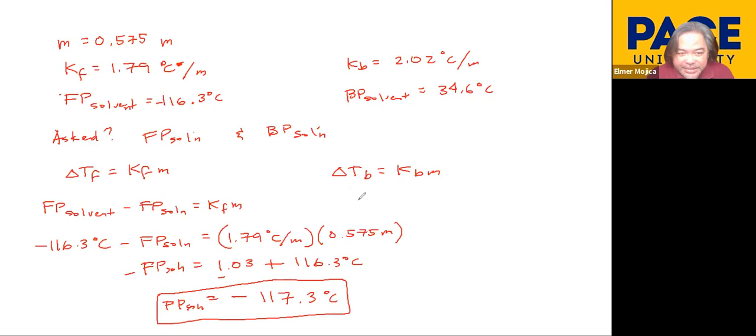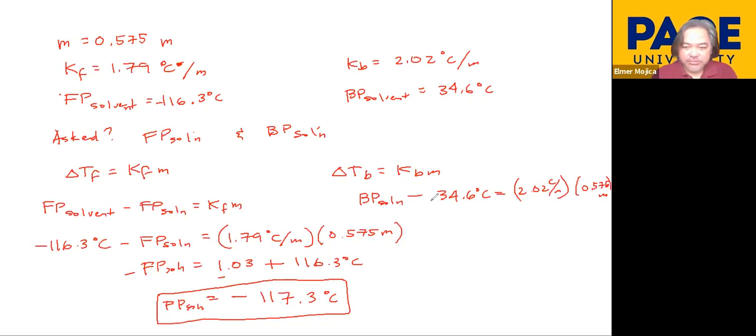Now, boiling point, the same thing, but I'm going to put the numbers right away. So you don't know the boiling point of your solution, and you know the one for the solvent is this one. And then you multiply it with 2.02 degrees Celsius per molal times 0.575 m. So what do you get there? 2.02 times 0.575.